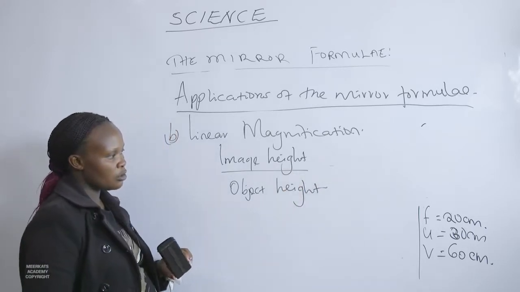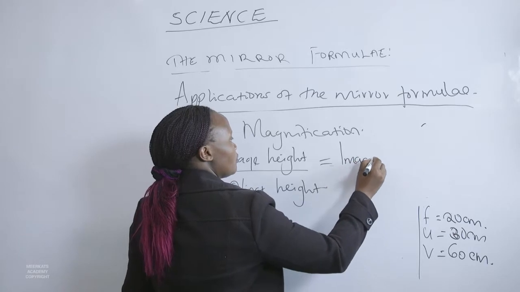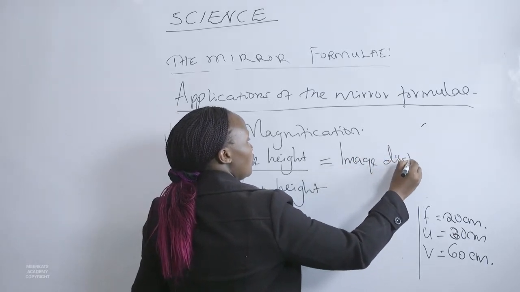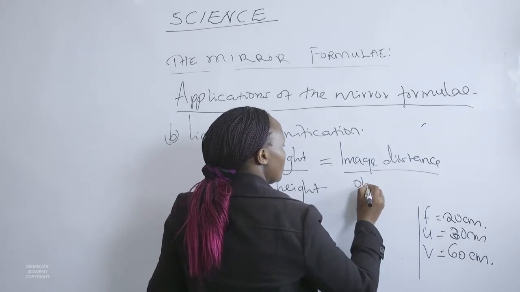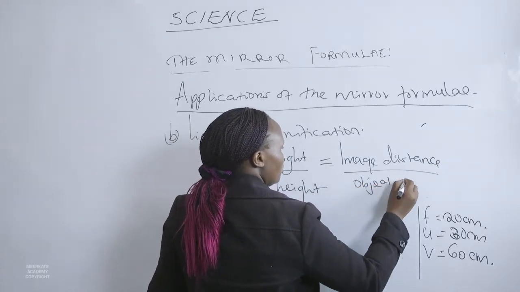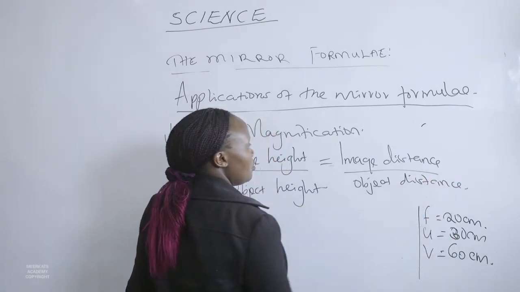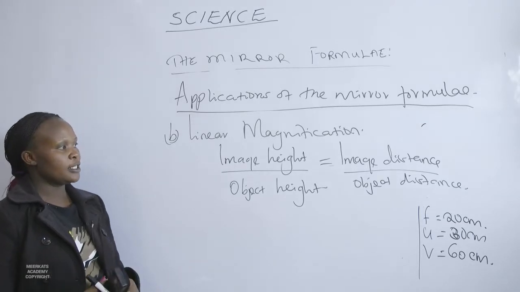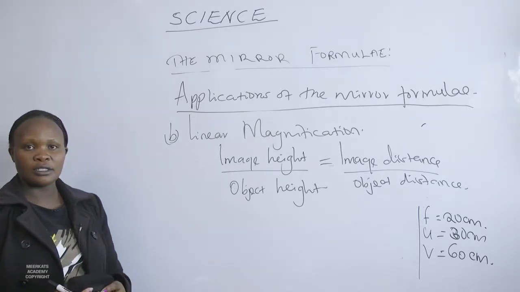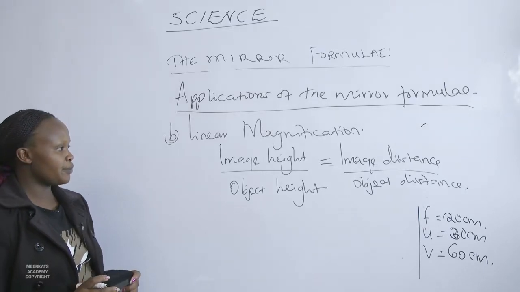And this one is also equal to image distance over object distance. Image distance over object distance, and it's also a ratio of the heights.